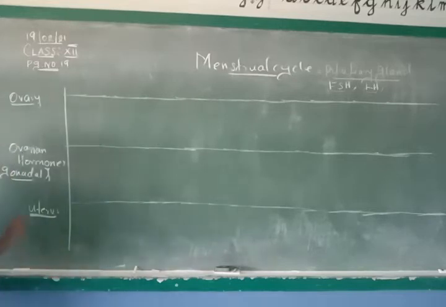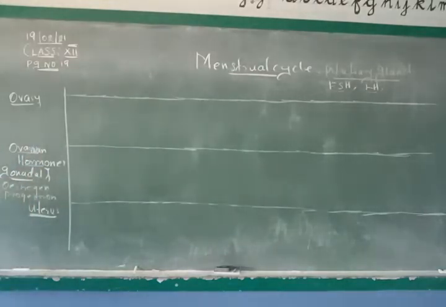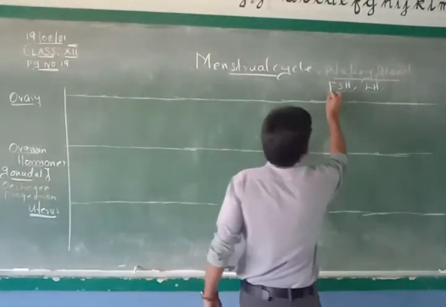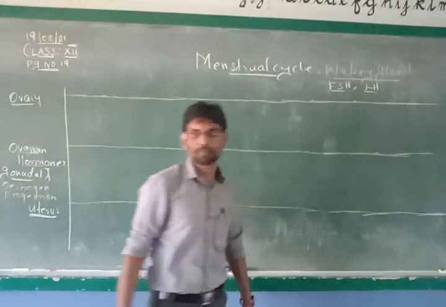What are those hormones? Estrogen, can you see there? Estrogen and another one called progesterone. These two hormones are the ovarian hormones or gonadal hormones because they are secreted inside the gonads. But these two hormones are under the control of FSH and LH.